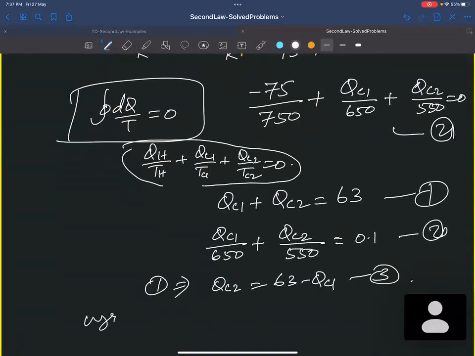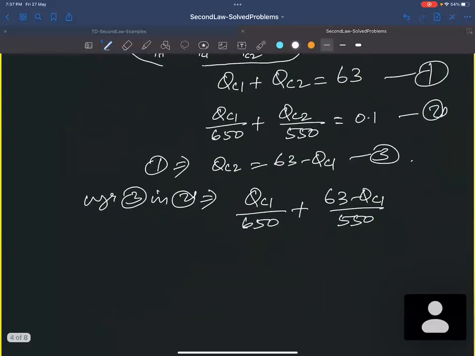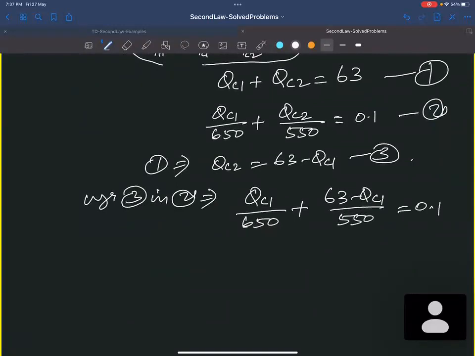And using 3 in 2, we have QC1 by 650 plus 63 minus QC1 by 550 equal to 0.1. You can solve this and get QC1 as 52 or 51.7.